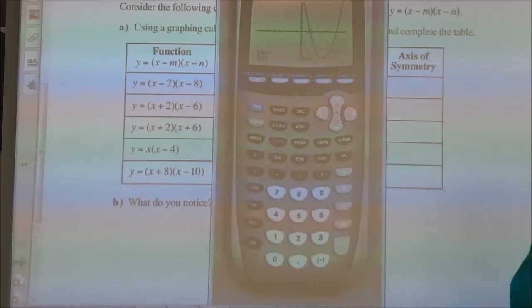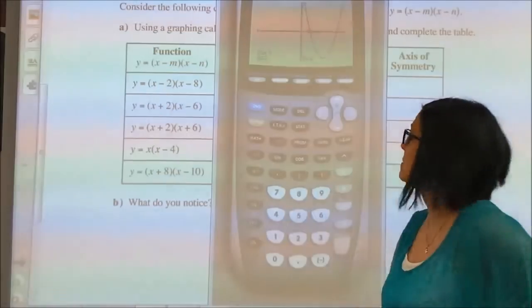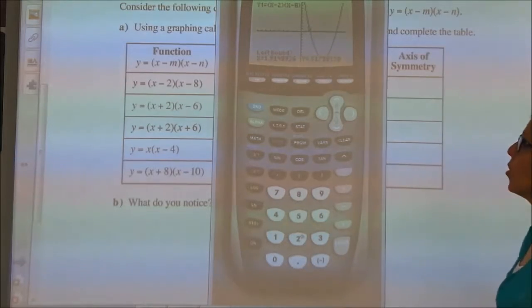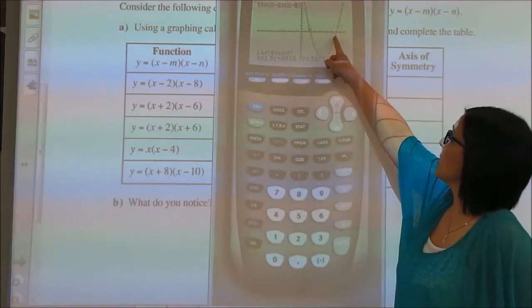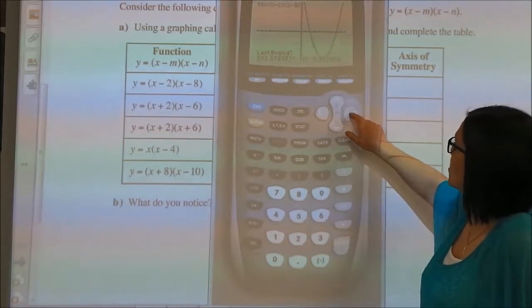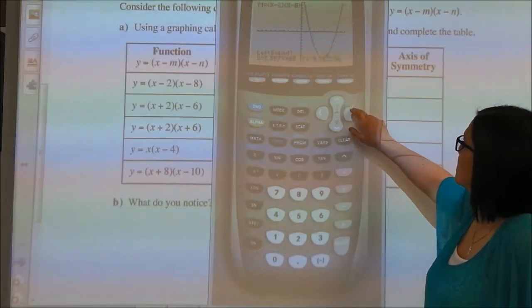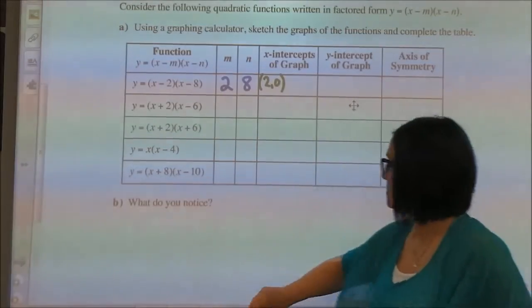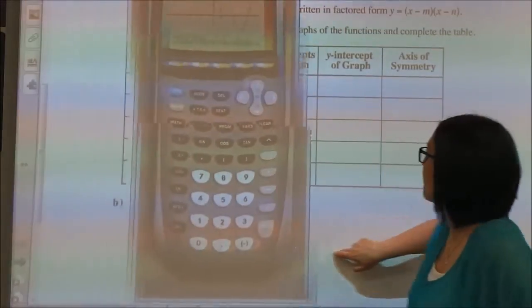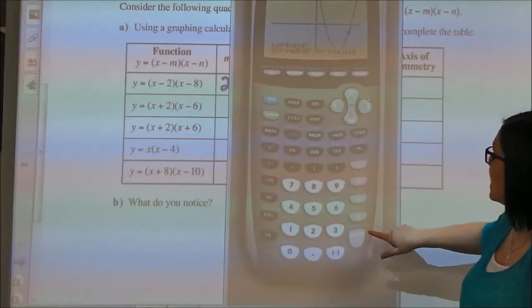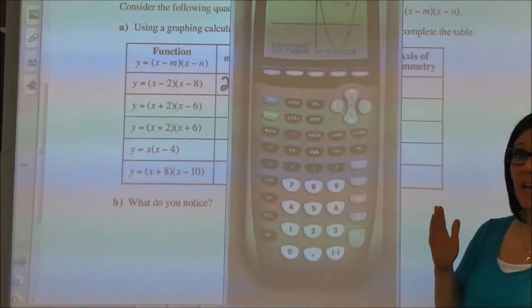To get the other one, same thing, only this time I need to be over here. So I scroll my cursor over. Again, this becomes my left bound, because that's the left side.